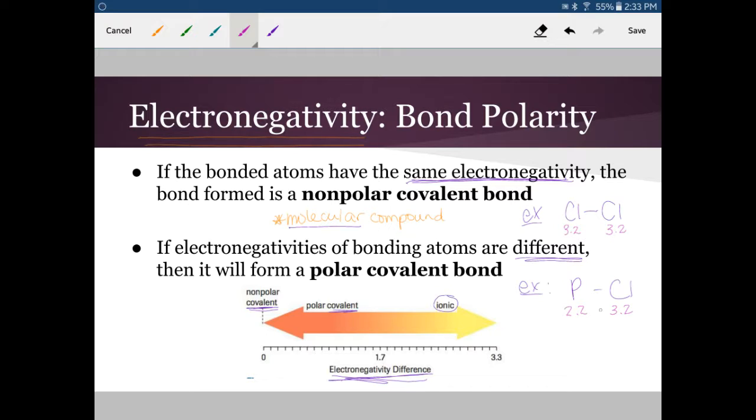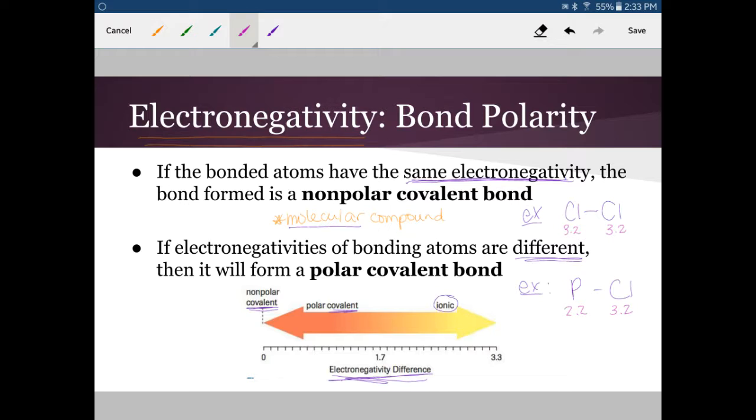Well, we see here that these electrons are being pulled a lot harder by the chlorine than by the phosphorus. The phosphorus is holding on, but it's not holding on very strong. Now this guy is pulling these quite strongly, so we have a polar bond. It's polarized. Now remember that polarized is essentially creating a difference. Okay, so it's not uniform, there's polarity.